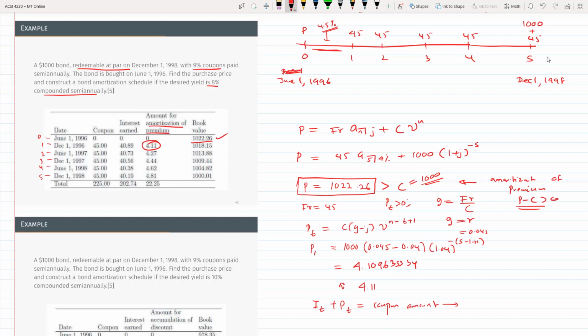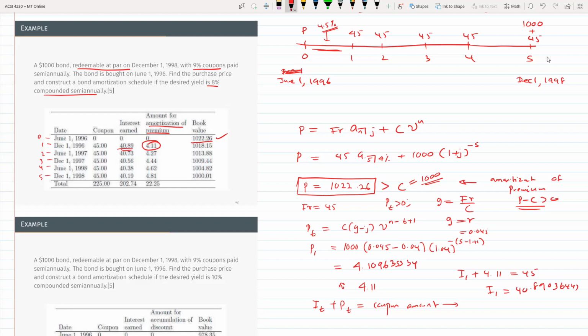Basically I_1 plus 4.11 should be equal to 45. So 45 minus this value, I would get 40.89036447.